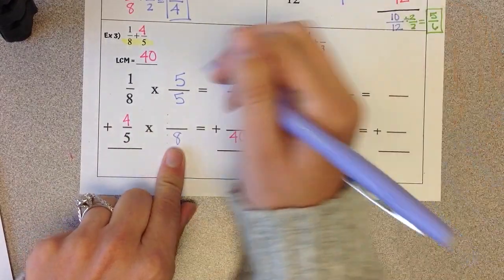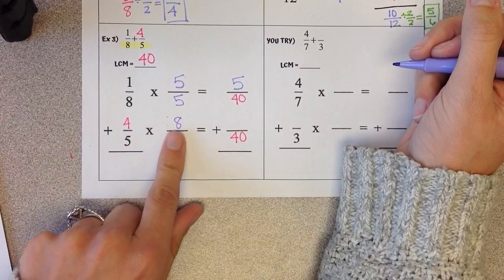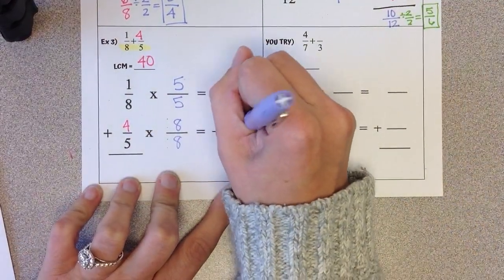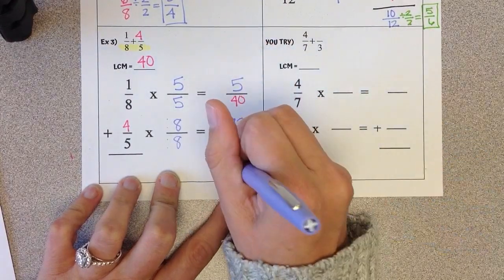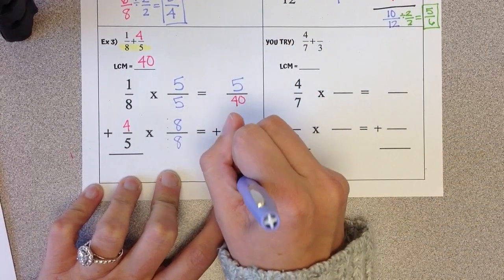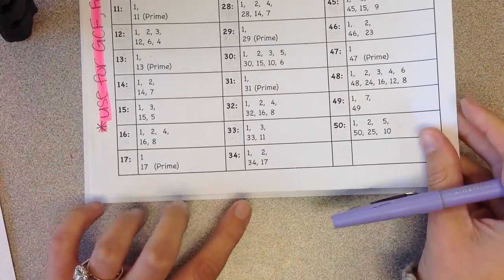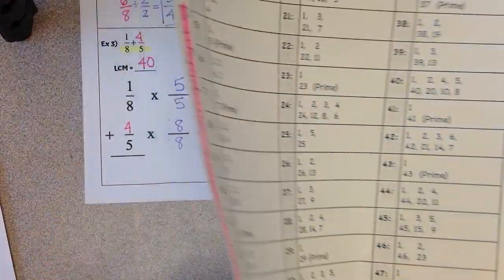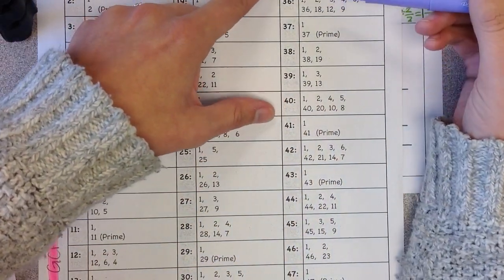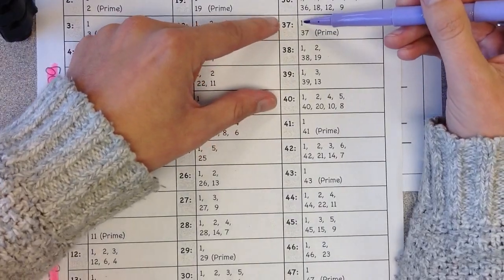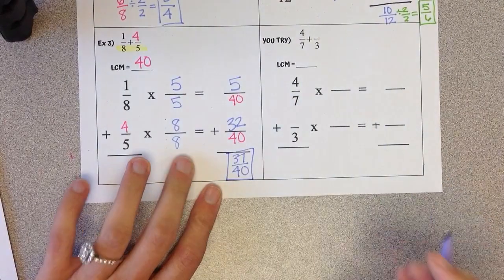If I multiply the bottom by 8, I have to multiply the top by 8. 4 times 8 is 32. Now we can add. 32 plus 5 is 37 over our denominator of 40. I would double check on my factor chart. 37 and 40. If I look there, the only number that they both share is 1. So I can leave it as 37/40.